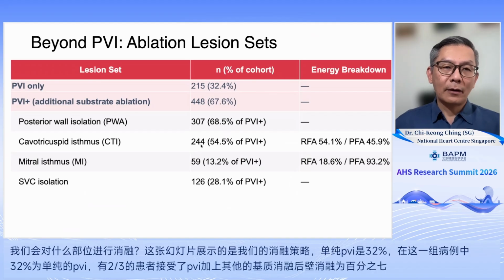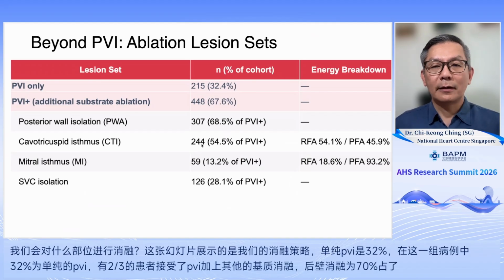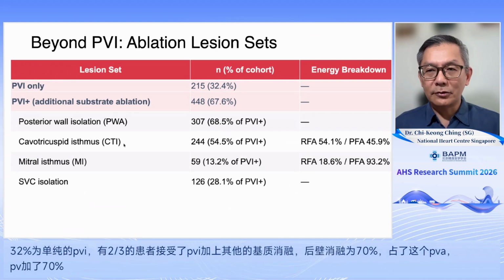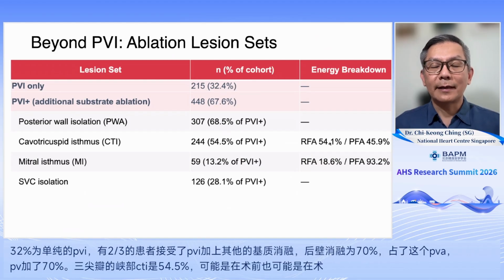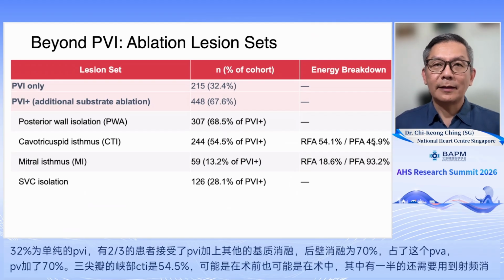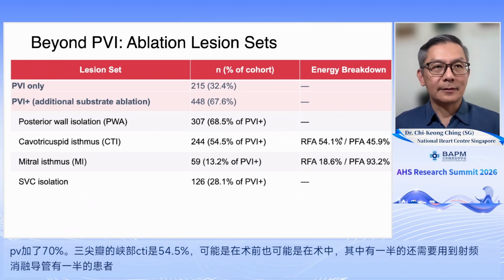If they were found to have atrial flutter of the CTI type, either pre-procedure or during the procedure, the CTI was ablated, and more than half utilized an additional radiofrequency ablation catheter. Just slightly less than half underwent CTI ablation using the existing PFA catheter.